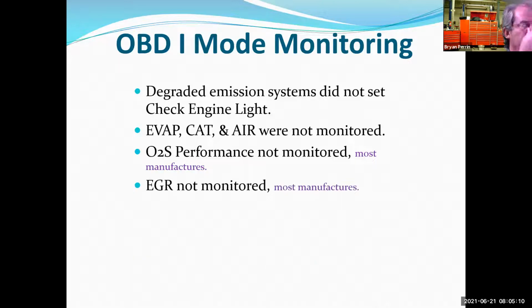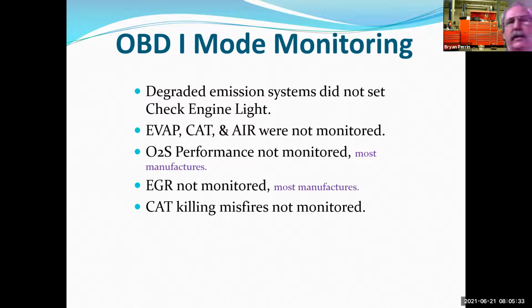The EGR system was not monitored by most manufacturers. California Toyotas did check it. They used a temperature sensor, and California Mercedes used the oxygen sensor to test the EGR. Other than that, pretty much no one else tested it. So it was really the exception.